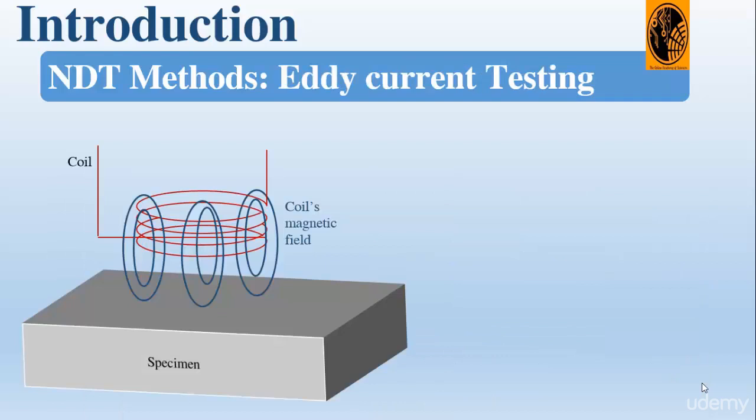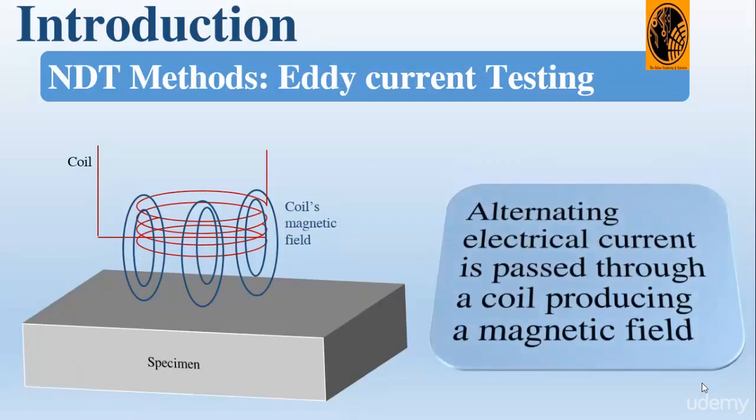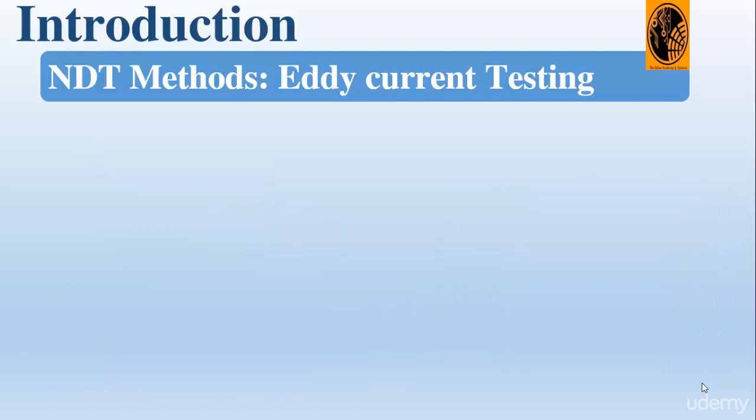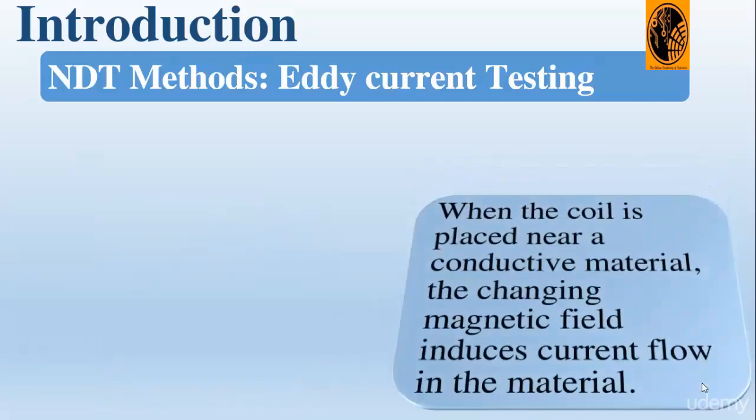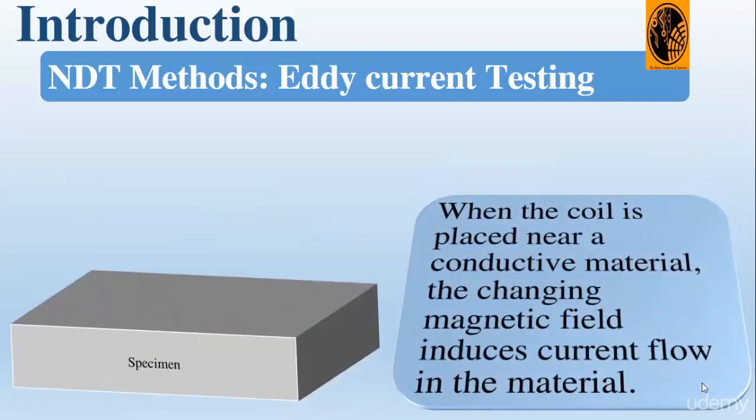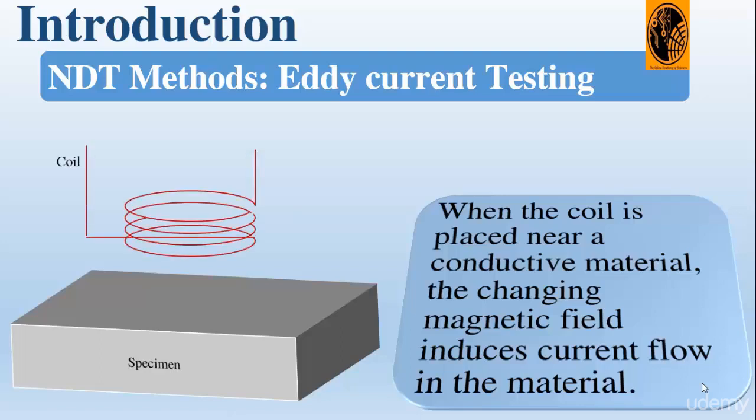Now let's see another technique, which is eddy current testing. Alternating electrical current is passed through a coil producing a magnetic field, as you can see in the picture. When the coil is placed near conductive material, the change in magnetic field induces current flow in the material, as you can see here.